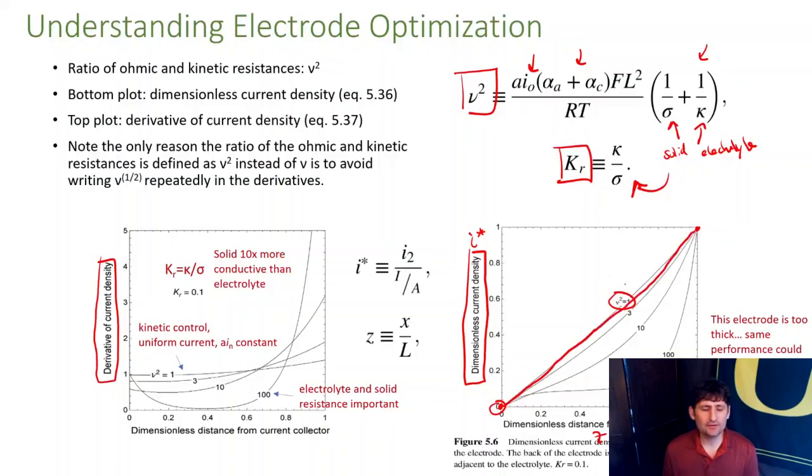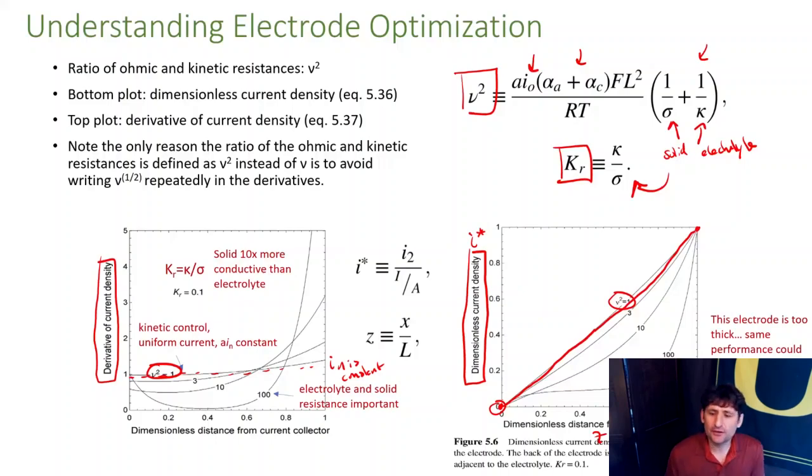If I take the derivative of this, this is telling me actually what is the rate of the interfacial reaction. It's telling me that pretty much everywhere in the electrode, In is constant. So the whole porous electrode is working, is passing current from the electrode to the electrolyte, doing the electrochemical transformation I'm interested in.